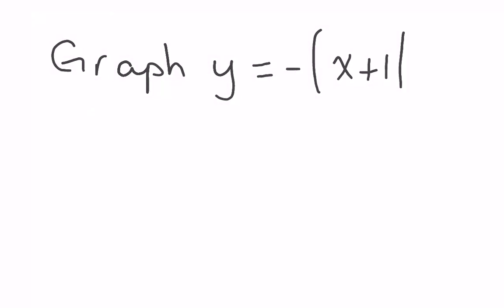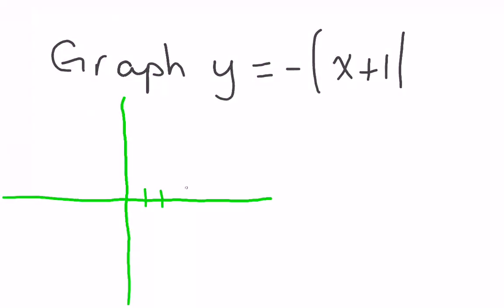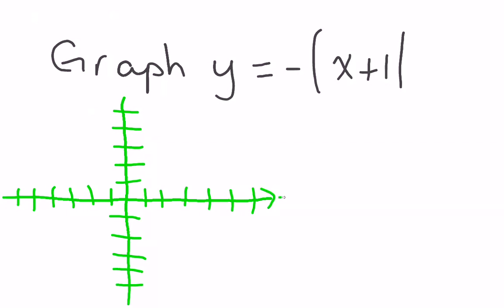But in this case, let's take a look. We want to graph this, so let's make sure we have a graph to do that on. Now remember, we can use our translations. If we look at this in terms of translations, what's happening here?